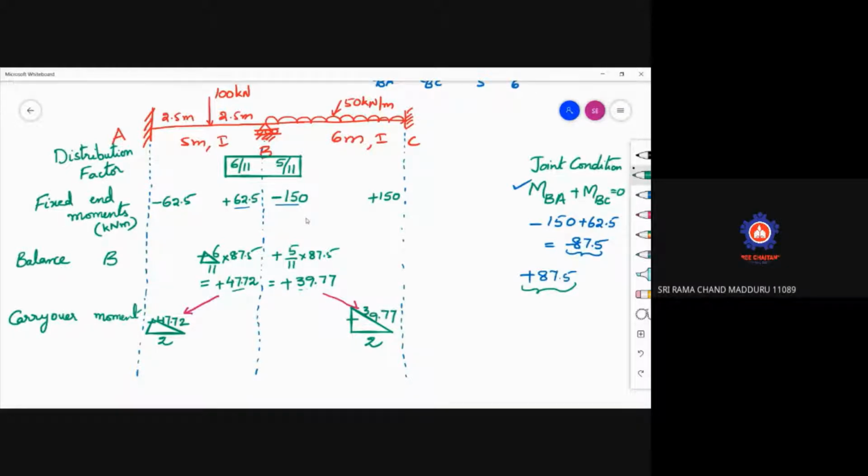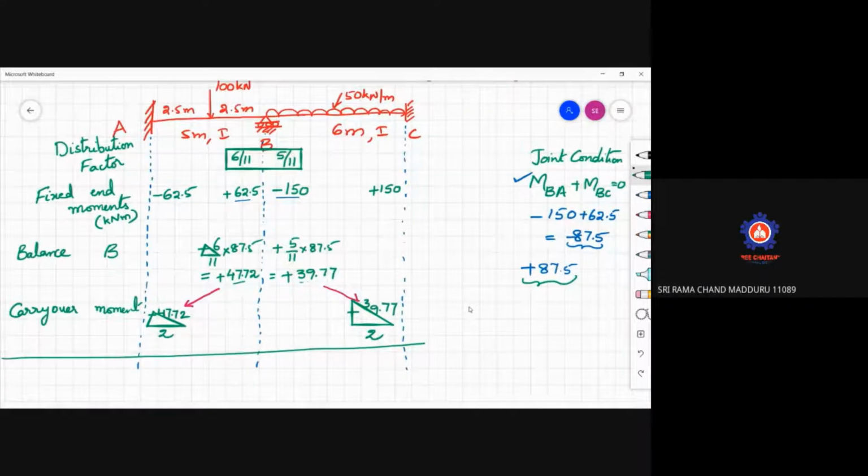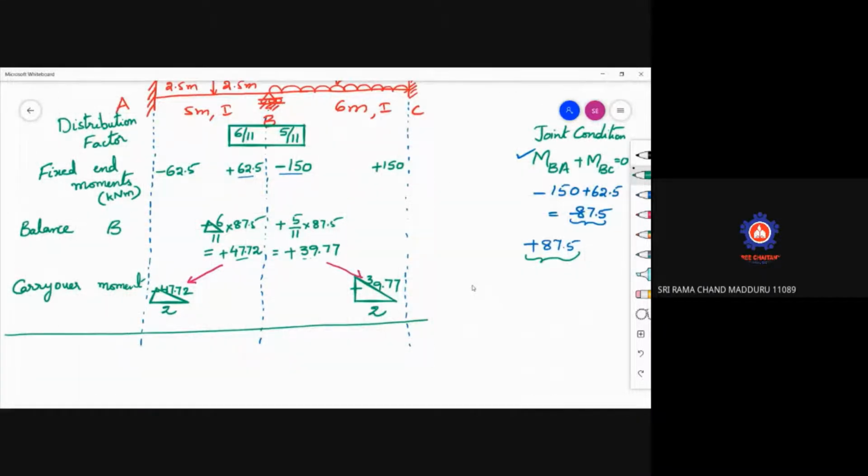Now, is there anything that we need to balance once again? After this, just check it. We will write down the final end moments. How are we writing the final end moments? Just add the columns. The moments are there here, minus 62.5 plus 47.72 by 2. So what is the value here?